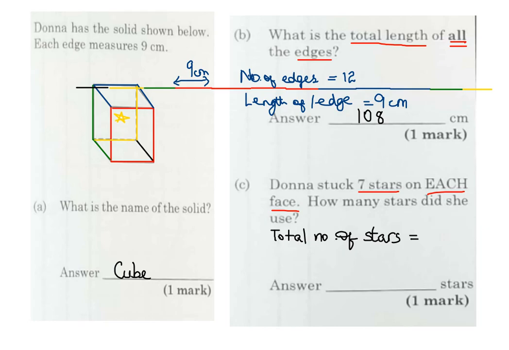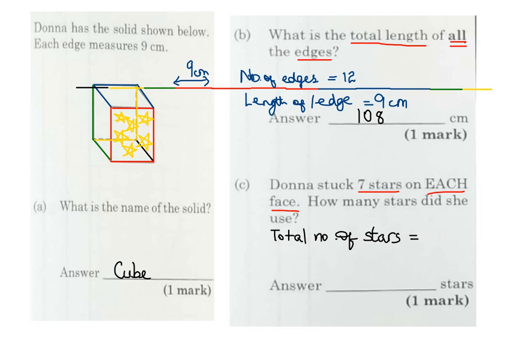So anyway, she has stickers or something to make her life easier, right? She's sticking star stickers on each of the faces, and she said that on each face she's putting 7 stars. So on the face, you should see 7 stars, and when she's done on each face, we should see a total of 7 stars per face.